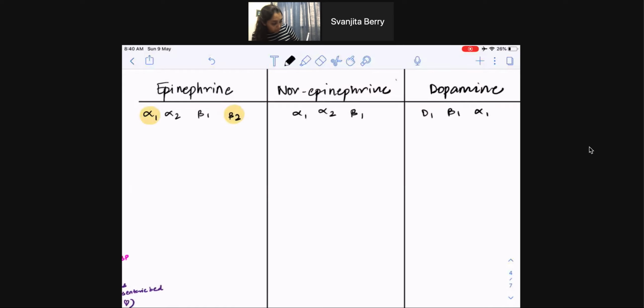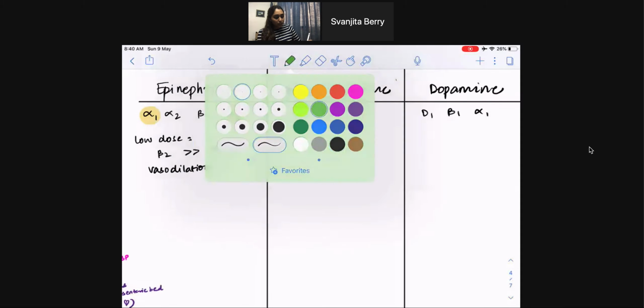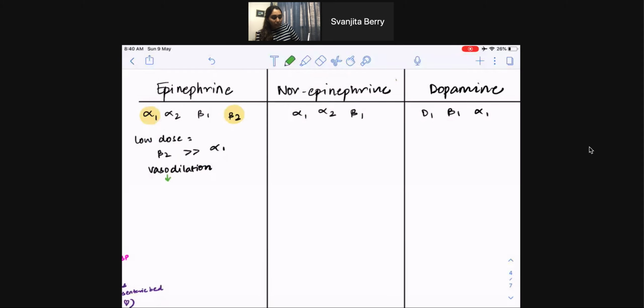In low dose epinephrine, beta 2 is activated much more strongly than alpha 1, and what we see is vasodilation as the outcome. Remember, vasodilation brings down my diastolic blood pressure, because my vessels are dilated and the pressure of the blood goes down.